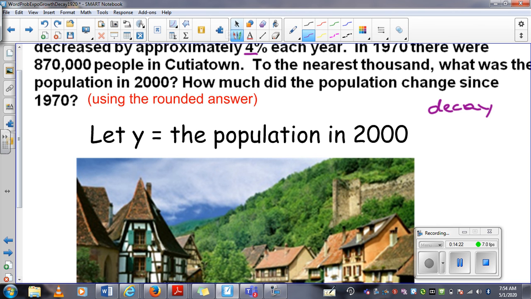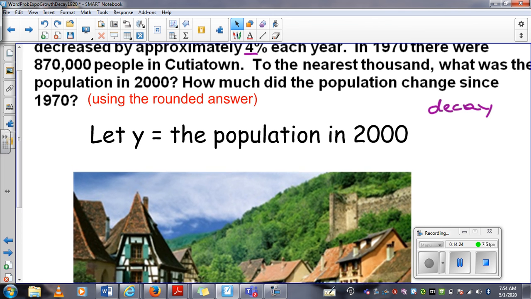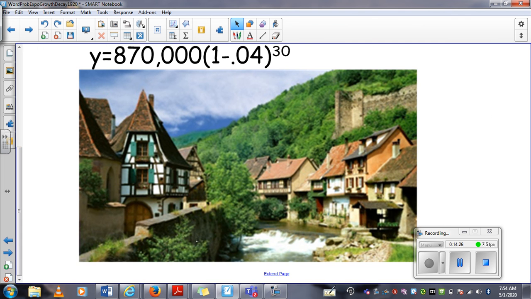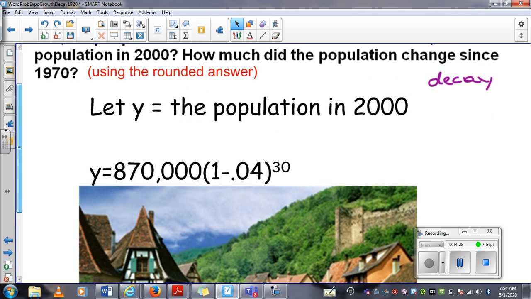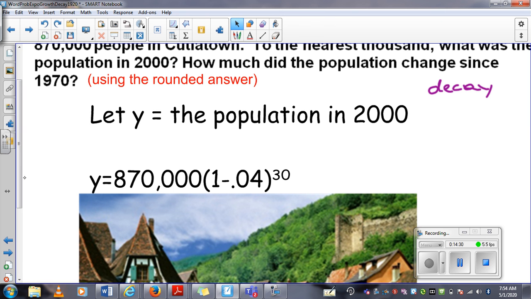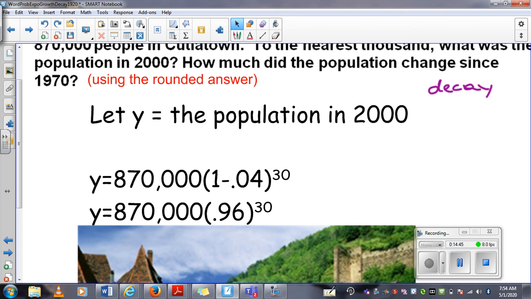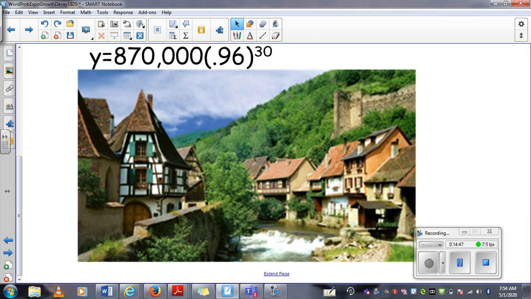So essentially what we have here is the initial amount, 870,000, and then it's decaying at a rate of 4%. So be very careful, it's 0.96 to the 30th power. Calculate that, and it means 96% actually remains.